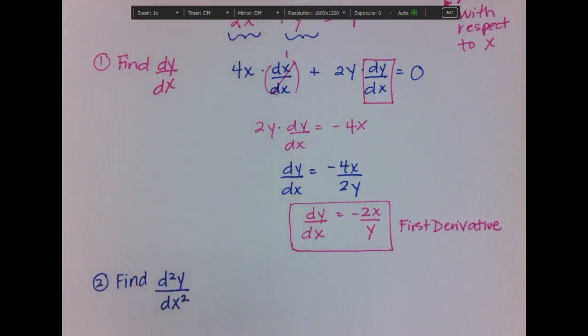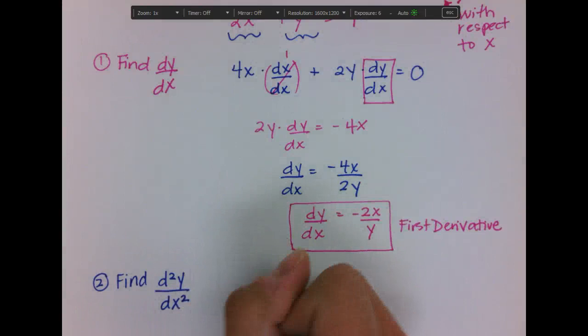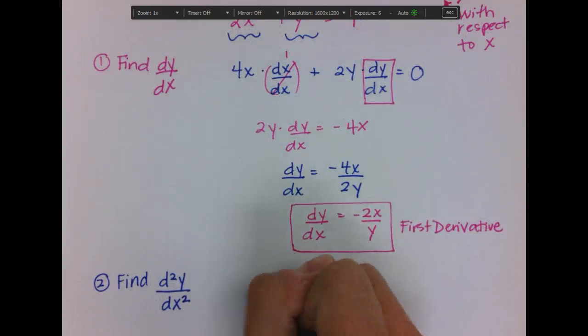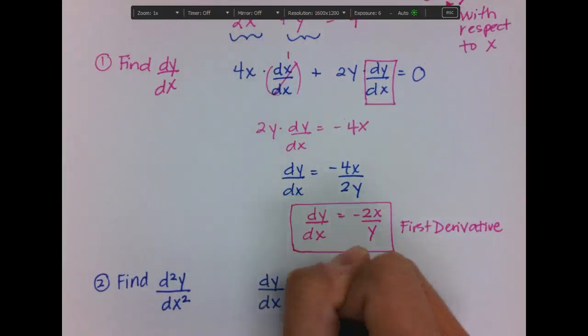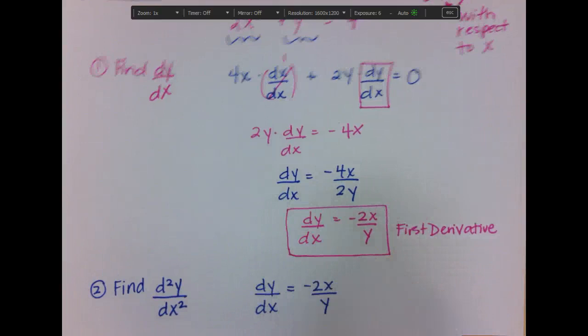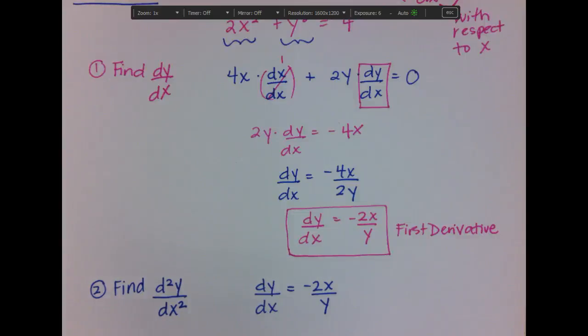This notation is a little bit harder to get used to than some of the other ones in the first third of this course. So the d squared y over dx squared is the second derivative. And you'll work with it and you'll become more familiar and get used to it. So anyway, we're taking the derivative of the first derivative in order to get our second derivative.